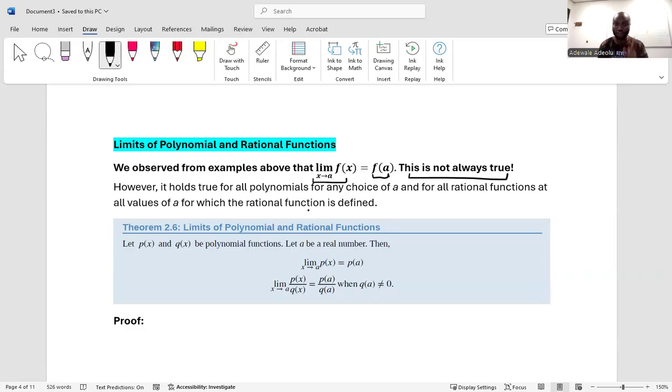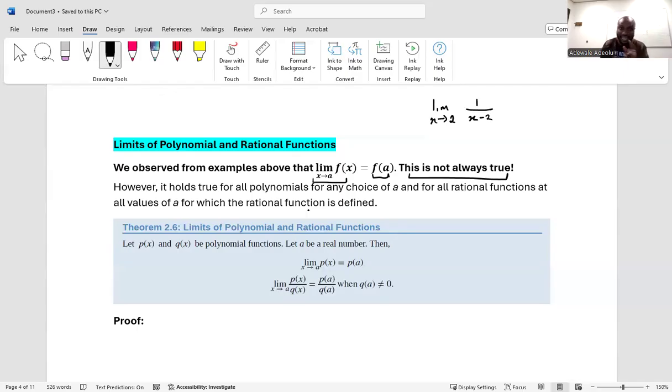Please, it is not always true. For example, if I say the limit as x goes to, let's say, 2 of something like 1 over x minus 2, right? So all of a sudden, at the denominator, we are dividing by 0. So it is not always true.